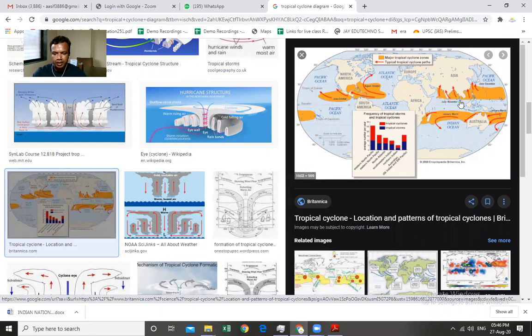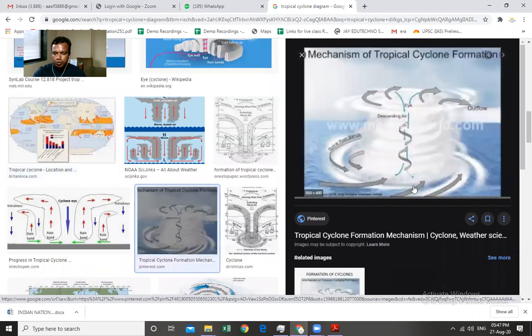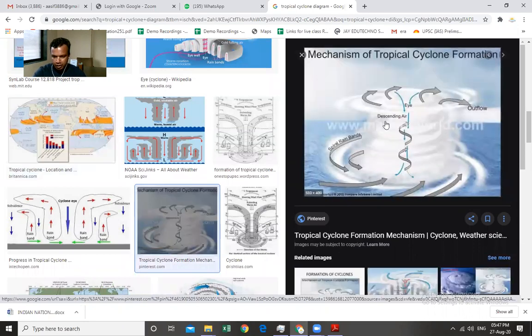They get destroyed when they reach the coast or the continent, because for the circular movement of the cyclones, there is a need of energy, right? Here you can see this is the cyclone created in the ocean. The energy required for the circular movement of the cyclone is given by the evaporation of the water in the ocean.